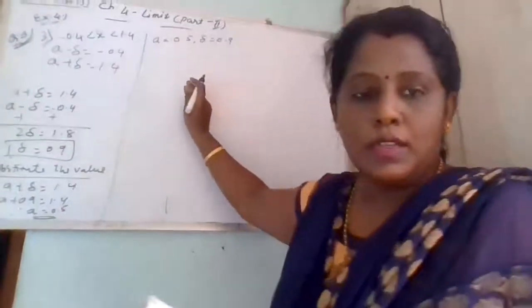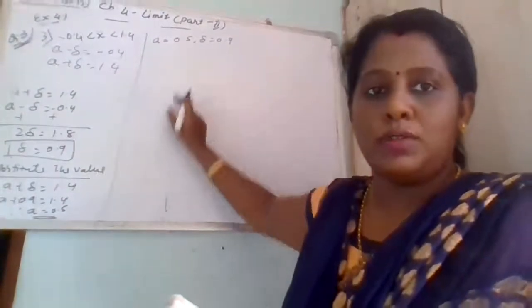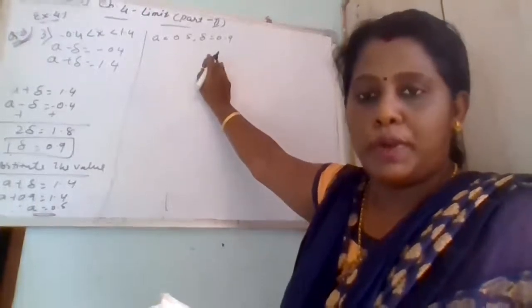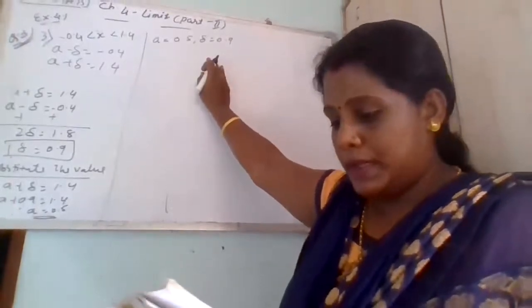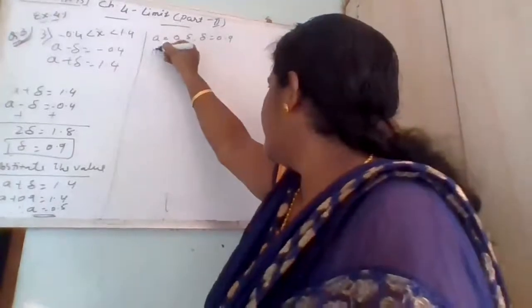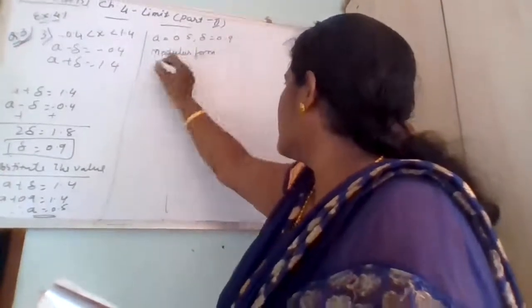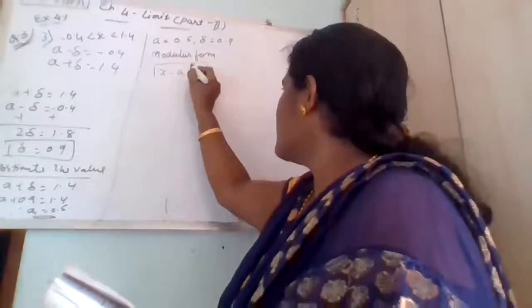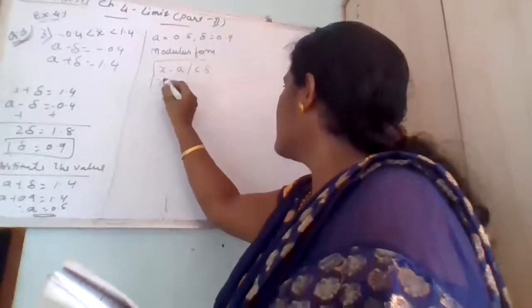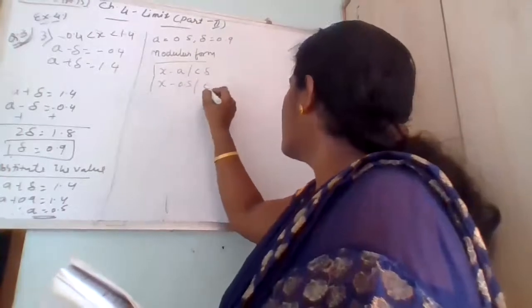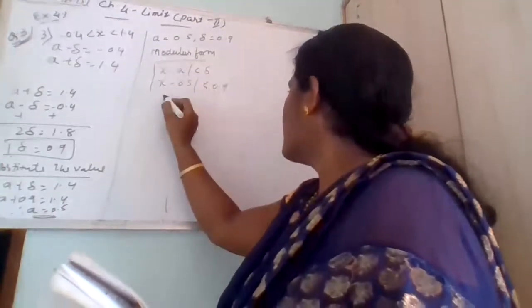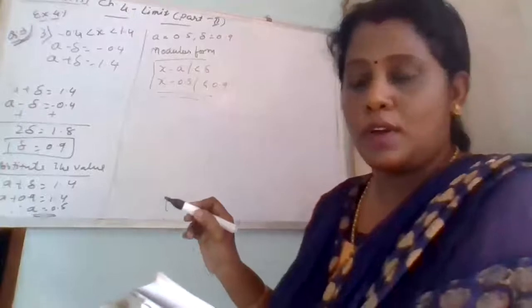Right? In this way we got a equal to 0.3 and delta equal to 0.7. Now you have to find the modulus form. This is the modulus form.